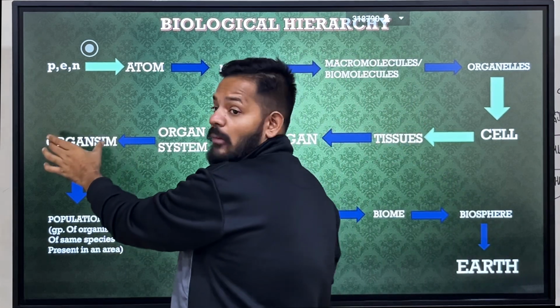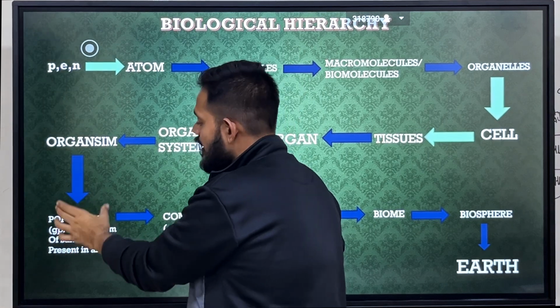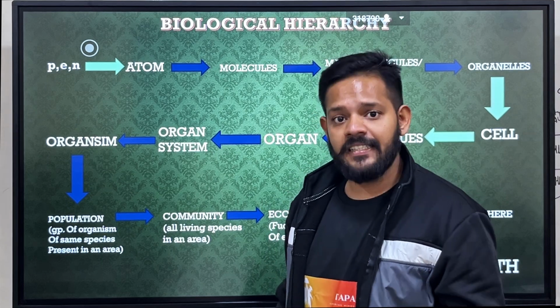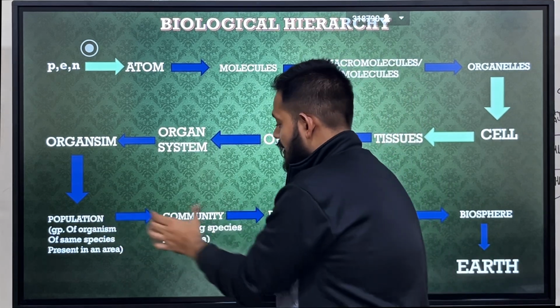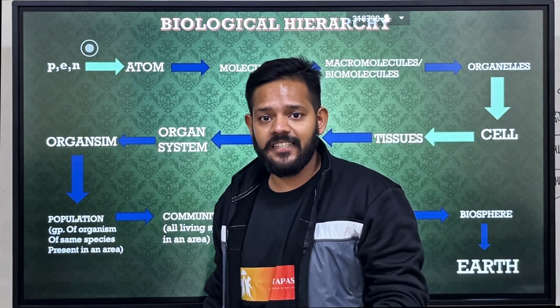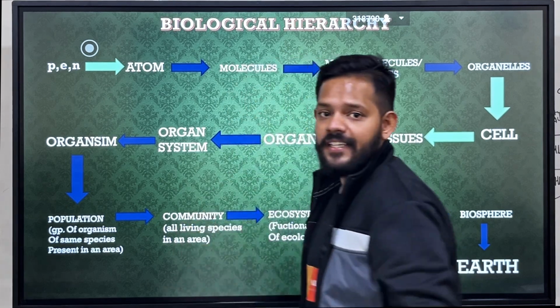So it starts from the organism, then population, which we are going to study in this chapter. It is a group of organisms of a particular species present in a particular area. Then population converts into community, meaning many populations of the same species or different species come together and form a community.